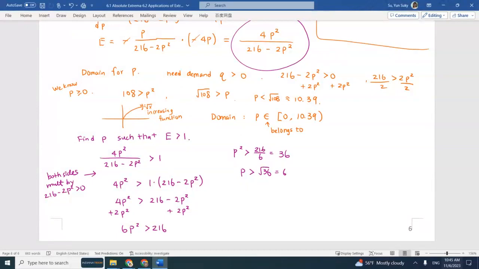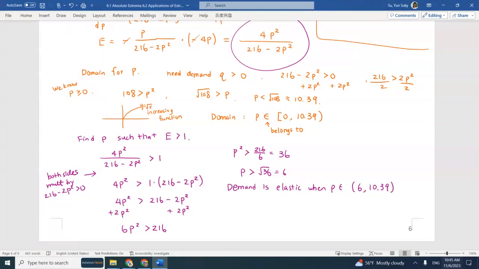See? If p is greater than 6, then we get the demand. Because E is greater than 1, it means demand is elastic. Okay? When P is greater than 6, but in the domain, you cannot exceed 10.39.